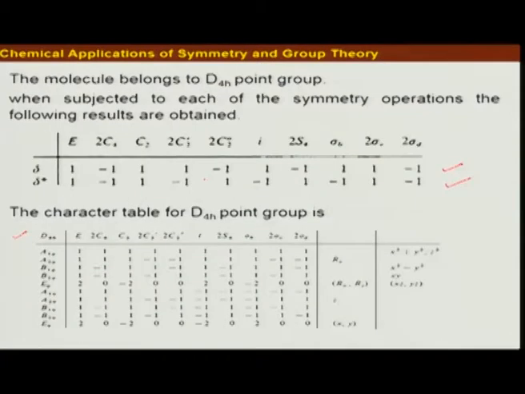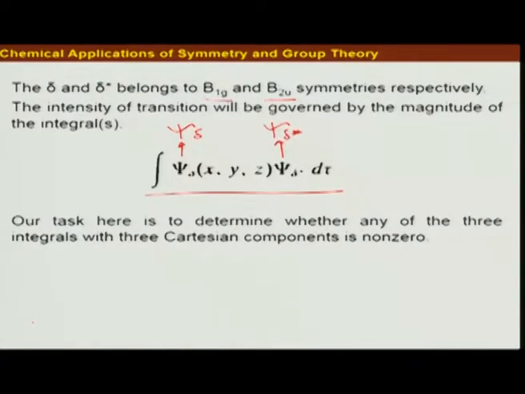If we look at the character table, we can easily locate that. You can see that z forms the basis for A2u, so z transforms as A2u, and x and y transform together as the irreducible representation Eu. So we have all the information that we need to solve the integral.